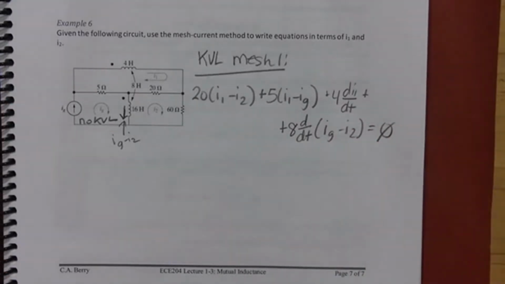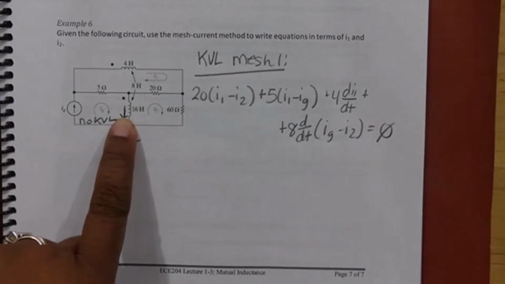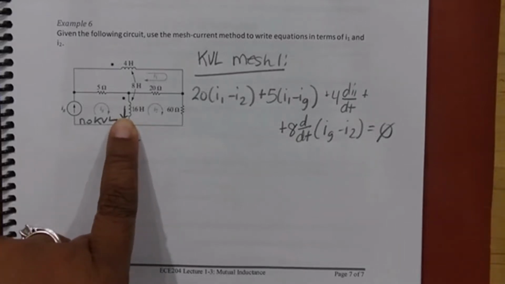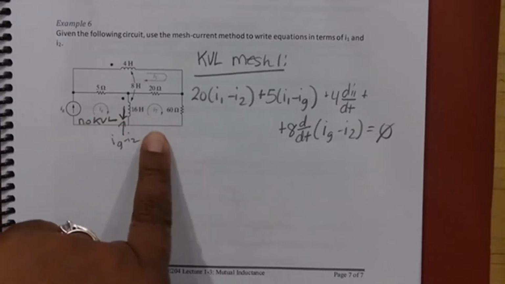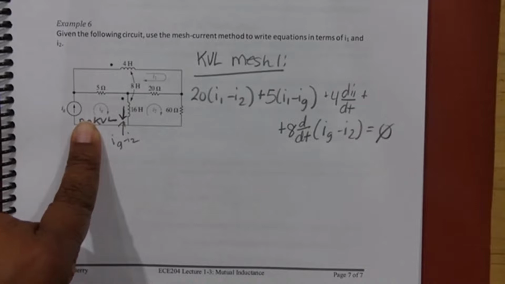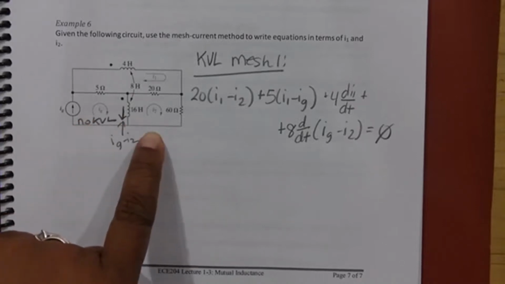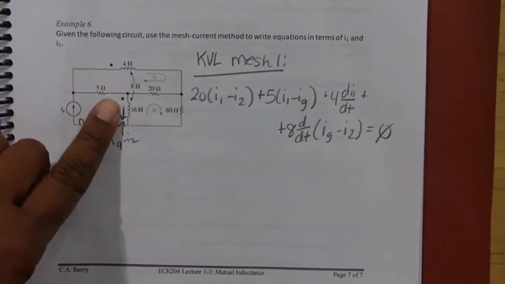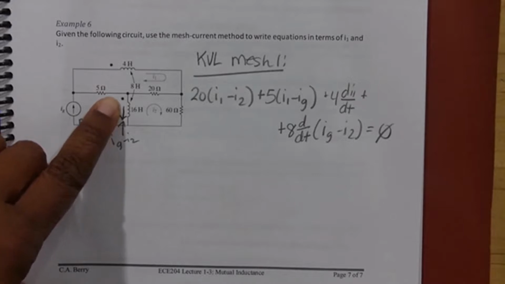Let me do that again. This inductor is shared between two meshes. So I can say that the current flowing through it is either IG minus I2 or I2 minus IG, depending upon how I define it. That defines whether the current is entering or exiting that dot.